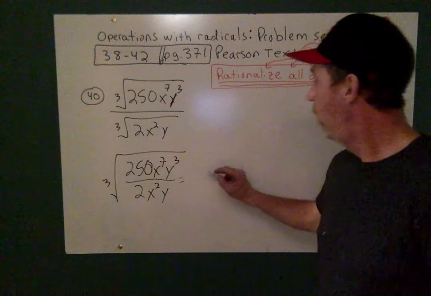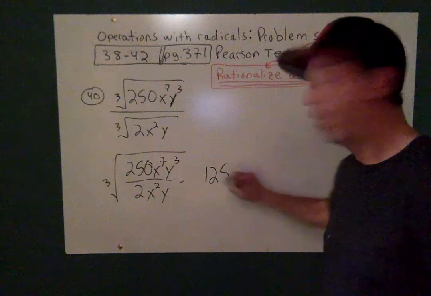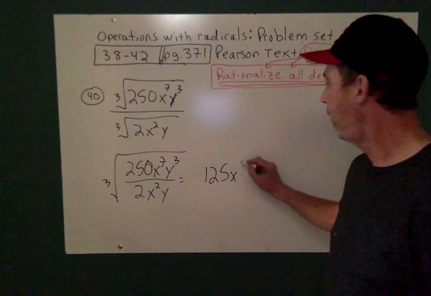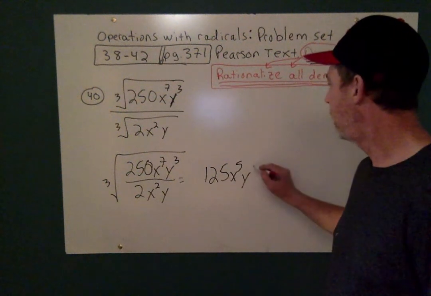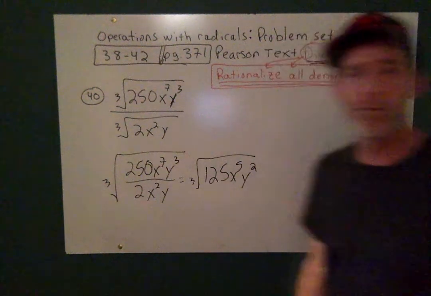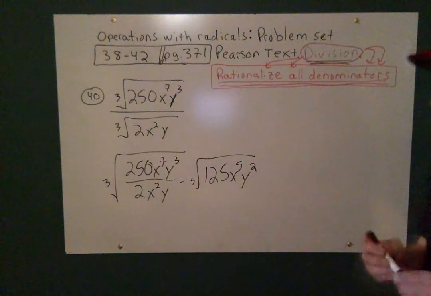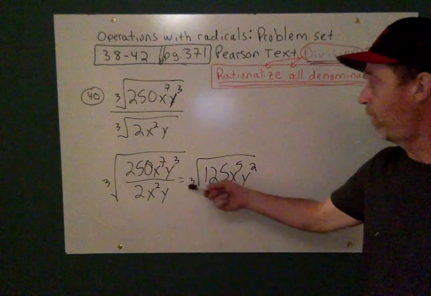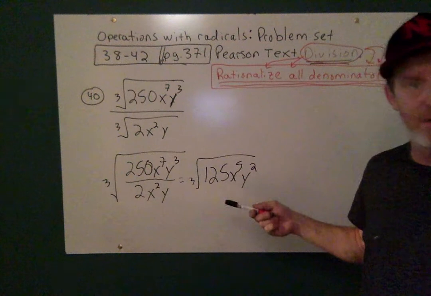Okay, now we can divide this. That ends up as 125, and I'm going to start putting it in base form: 125, x to the 5th, y to the 2nd, all under the third root. Now, just like how this all started, we're looking to write these bases so that 3 goes into the exponent.